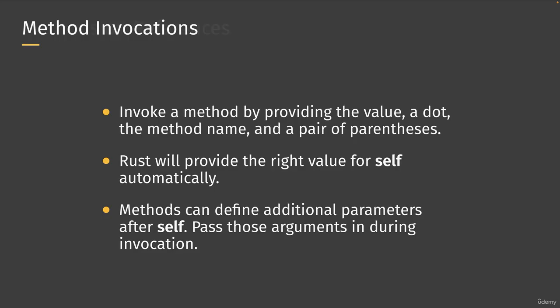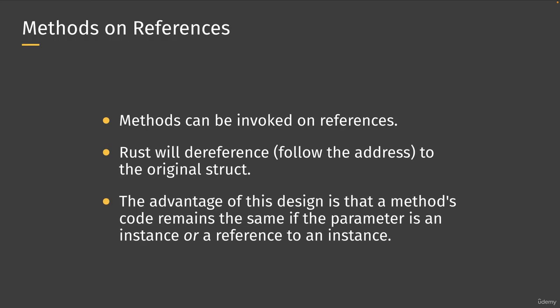Another cool feature is that you can invoke methods on references. Rust will dereference, which means follow that reference's address to the original struct's value in memory, and then invoke the method on the struct itself. So again, a reference to a type and the type itself are two different types. But the advantage of this design is that a method's code remains the same if your parameter is an instance or if the parameter is a reference to the instance.